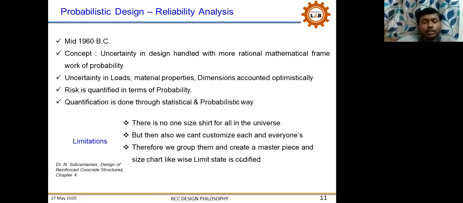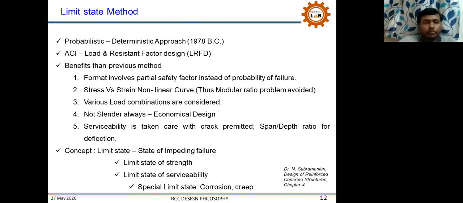That's where the limit state is considered. Other methods we saw recently are probabilistic, whereas limit state is converted from probabilistic to deterministic. Every time the system and the approach are the same, so you can take that one, and it will be very helpful.